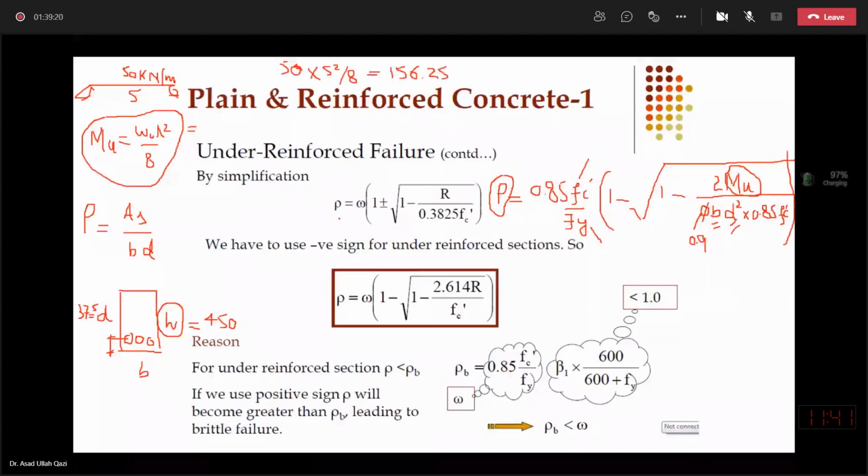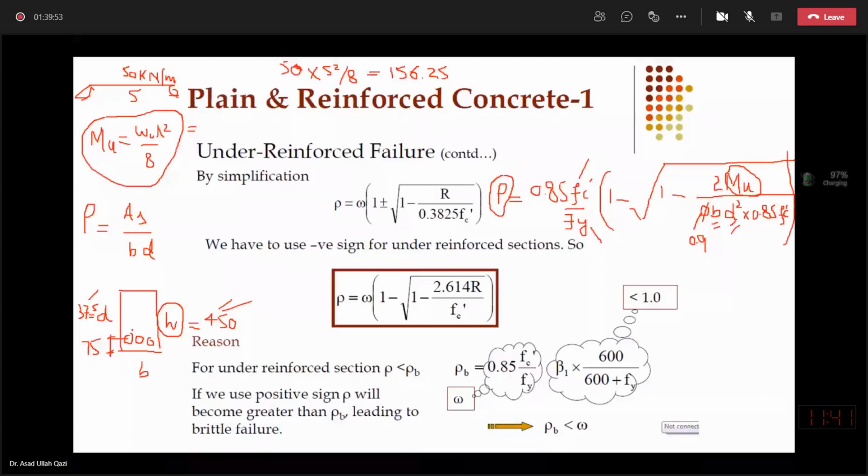So just for this practice problem, I will talk about this selection of B and H in detail. If at this stage, based on your previous experience, you know that H is 18 inches and the cover is 3 inches, 75 millimeter, and resultantly the effective depth is 375, you have already evaluated this while doing capacity analysis.